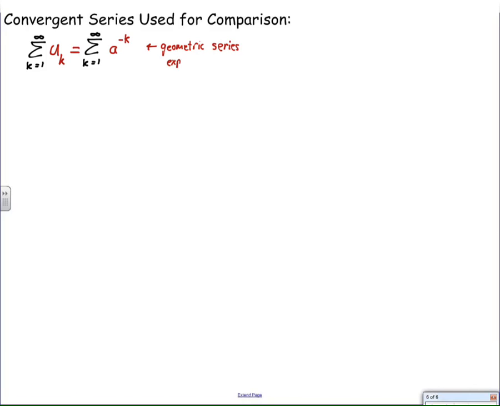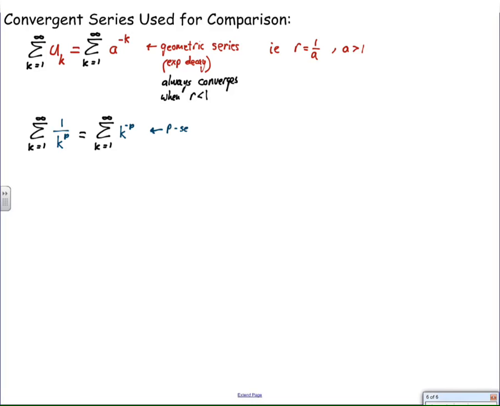The first thing to remember is the geometric series, that is exponential to k in this case, will always converge when the common ratio is less than 1. The other thing to remember is what we call p-series, and we're going to explore this further in later videos, but for now, whenever p is bigger than 1, and be careful to understand this, whenever p is bigger than 1, then the p-series will in fact converge.